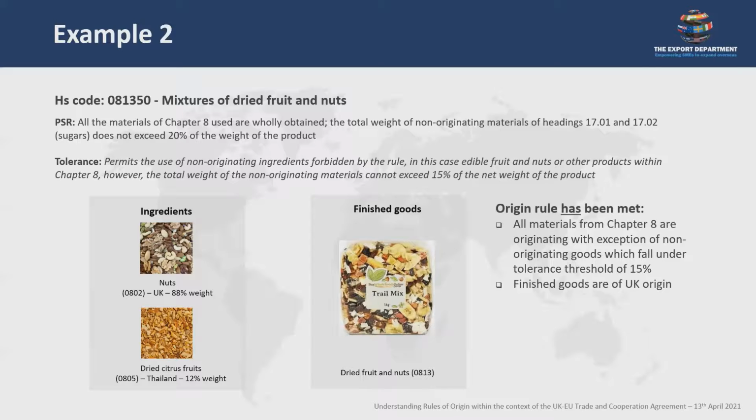So the tolerance permits the use of non-originating ingredients forbidden by the rule, in this case edible fruit and nuts or other products within Chapter 8, but the total weight of the non-originating materials cannot exceed 15% of the net weight of the product. In this case, the rule's been met because all of the materials from Chapter 8 are originating, with the exception of non-originating goods that fall under the tolerance threshold of 15%. So the finished goods are of UK origin. Again, that's an example of the tolerance rule in action when applying to food and drink.